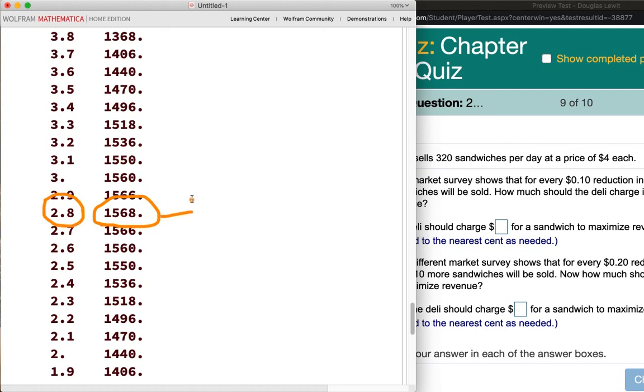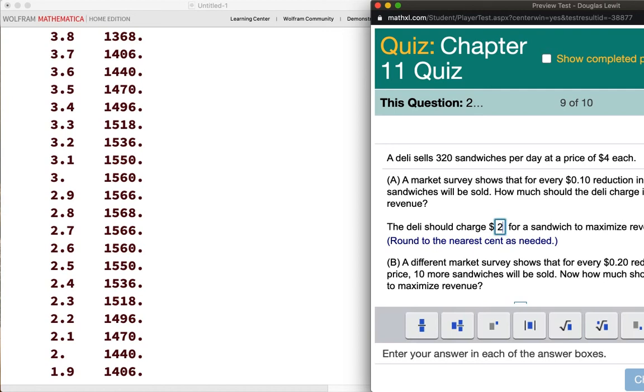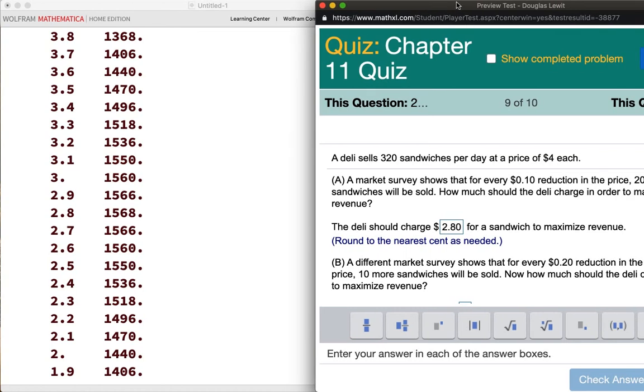And that will give you your maximum profit, okay? So the deli should charge $2.80 for a sandwich to maximize revenue. Round to the nearest cent as needed.